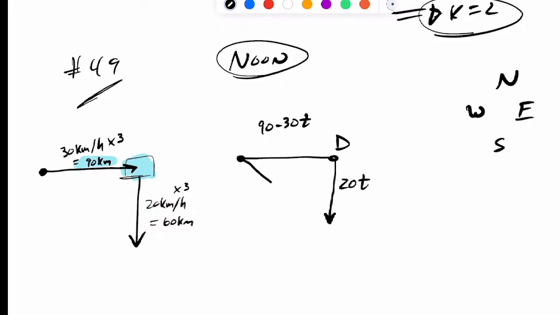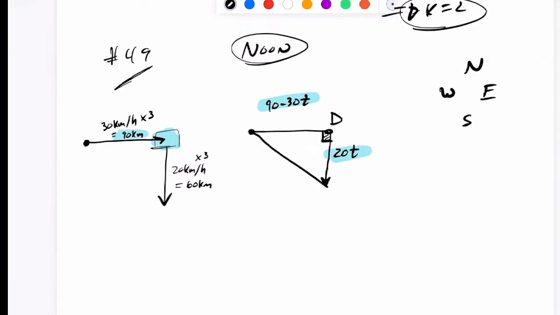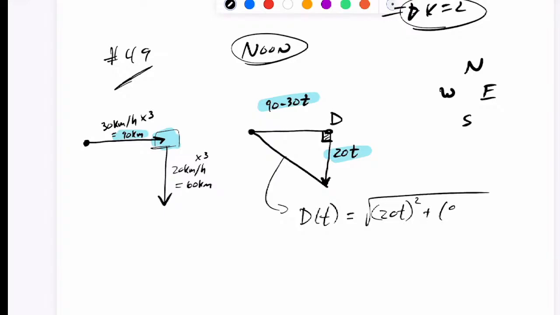So a right angle triangle is formed because one's going east and one's going south, and one's going towards the dock and one's going away from the dock. I'm looking to minimize d at t, which is the square root of (20t) squared plus (90 minus 30t) squared.